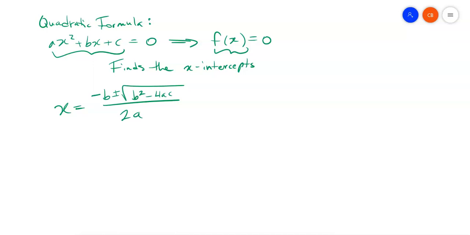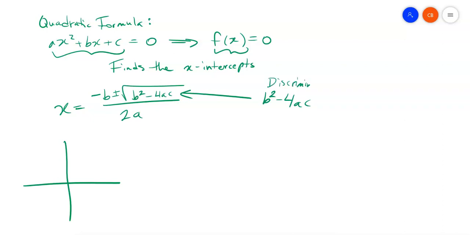There's something to think about here with these x-intercepts. Look at the part inside the square root, b squared minus 4ac. There's a name for this. It's called the discriminant, and it tells you how many solutions there are going to be, or in other words, how many x-intercepts a particular quadratic function is going to have.